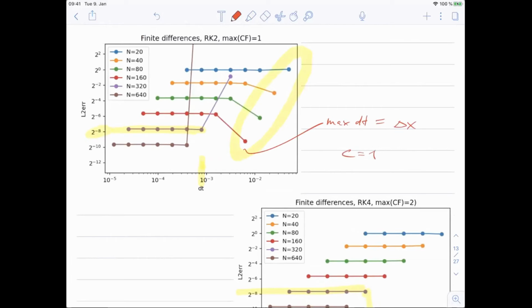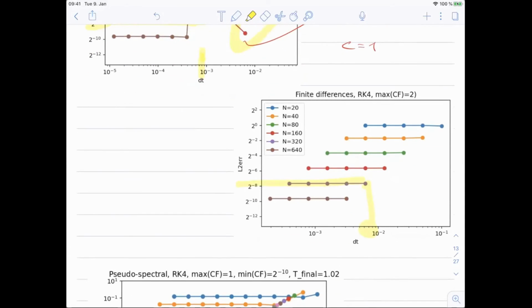For Runge-Kutta-2, these biggest time steps look fishy and eventually blow up if you're going to high enough resolution. So the actual Courant limit for Runge-Kutta-2 is a little bit below Courant factor of 1. For Runge-Kutta-4, all looks perfectly fine all the way to the end.